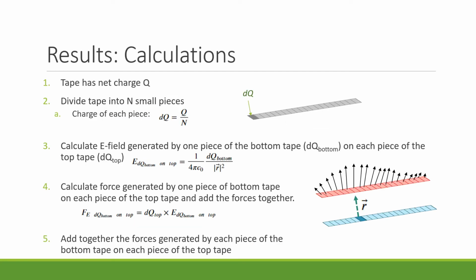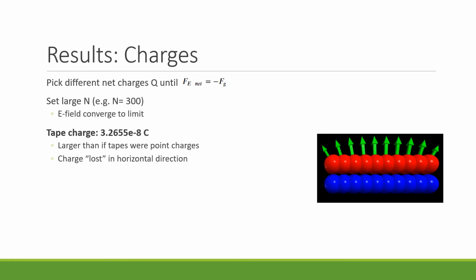I divided each one of these tapes into many pieces, such as 300 pieces. And so as you divide the tape into many more pieces, and you divide the net charge into many small pieces, the value of the electric field and electric force change, and they become more accurate and converge towards some value that is like the true electric force and true electric field.